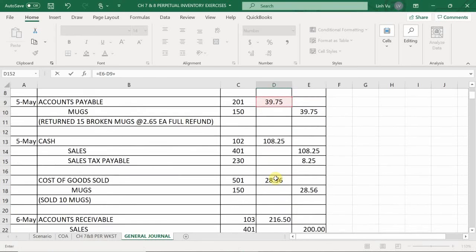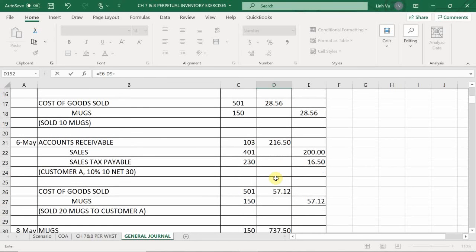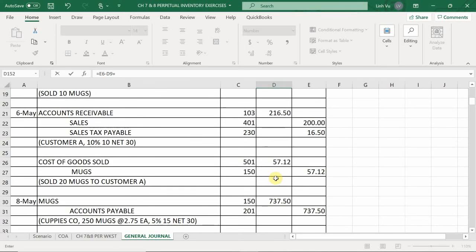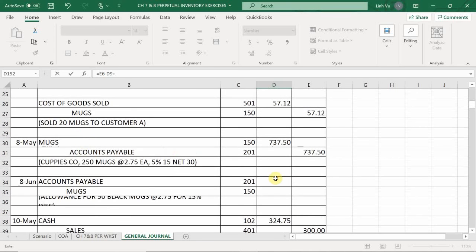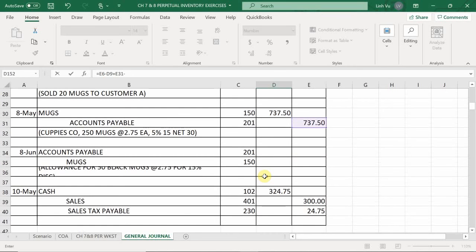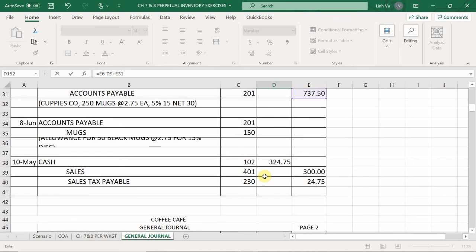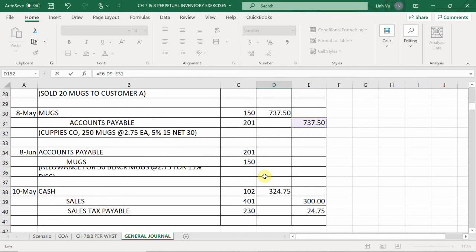Then on May 8th, we ended up purchasing an additional $737.50, but we ended up getting an allowance. Did we even calculate the allowance?